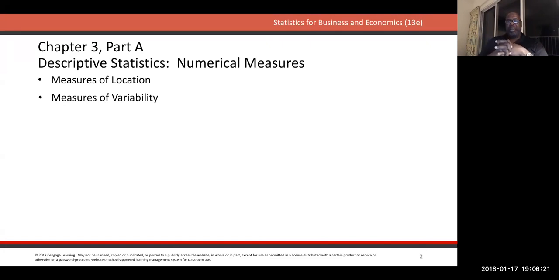Measures of variability you may not be as familiar with. We will go through the chapter in two sections. The first part is the measures of location, and the second part will be the measures of variability. All right.